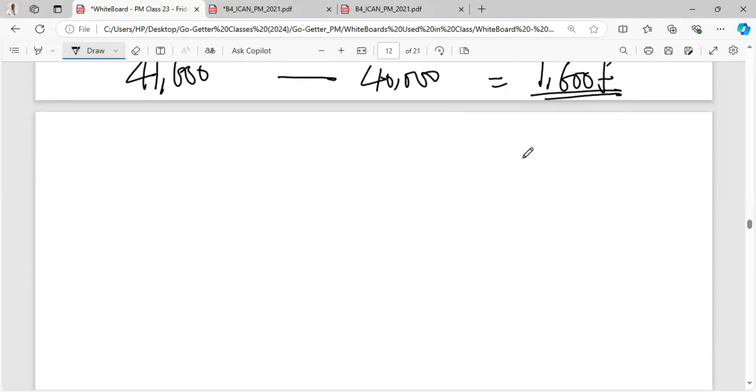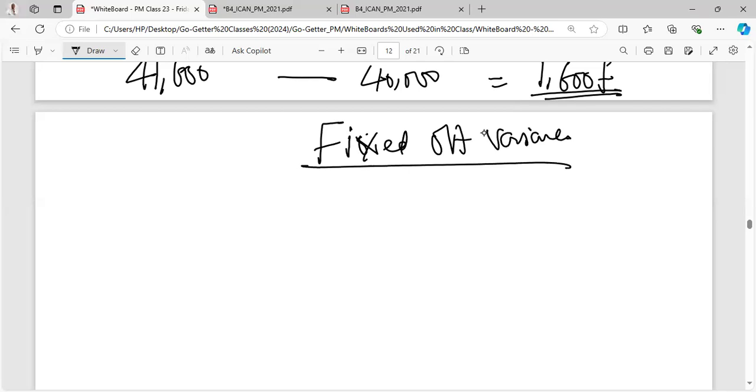So from what we have just done, let us bring down our formulas for fixed overhead variance.